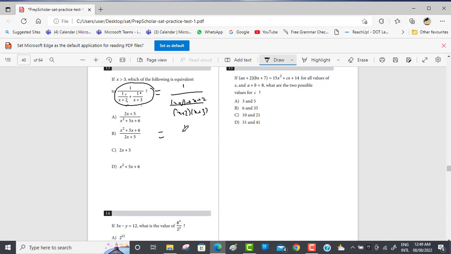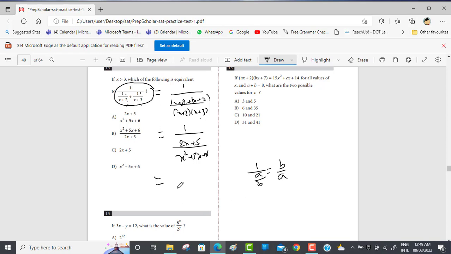I can get 1 over, if you expand in the denominator, you will get x squared plus 5x plus 6, and if you expand in the numerator, you will get 2x plus 5. As you know from grade 5 or grade 6, the inverse of a over b always equals b over a.